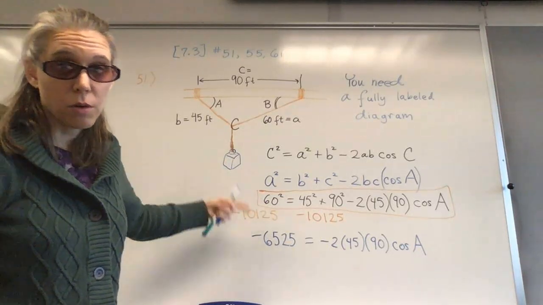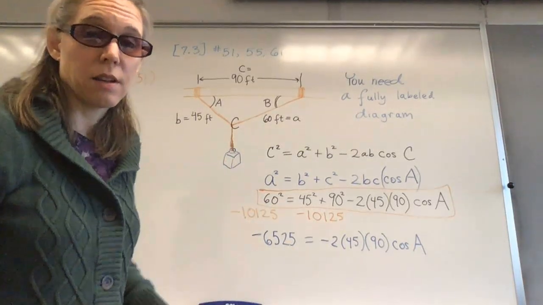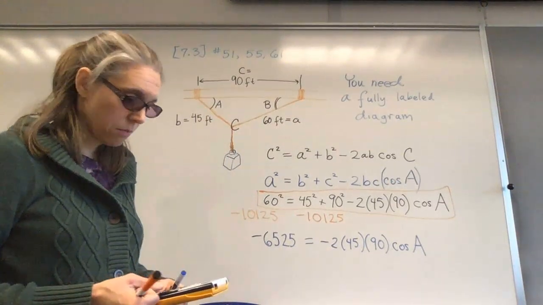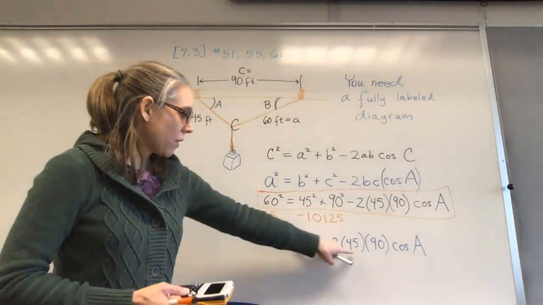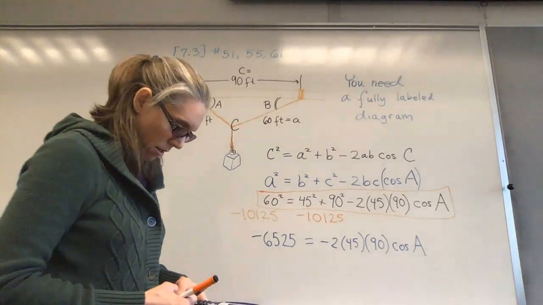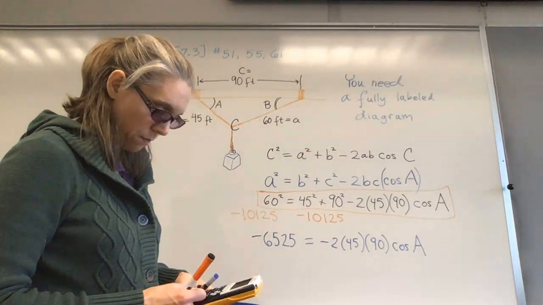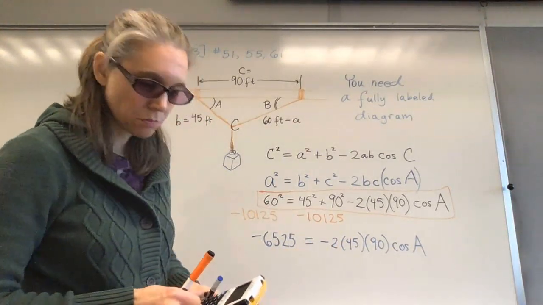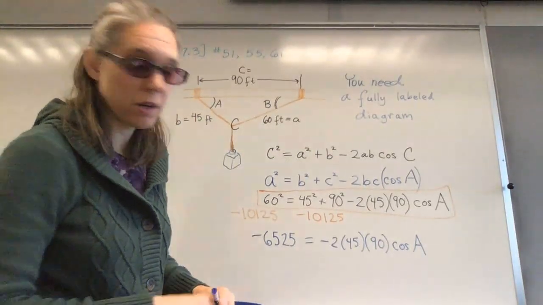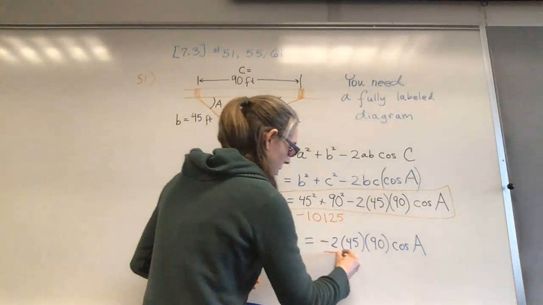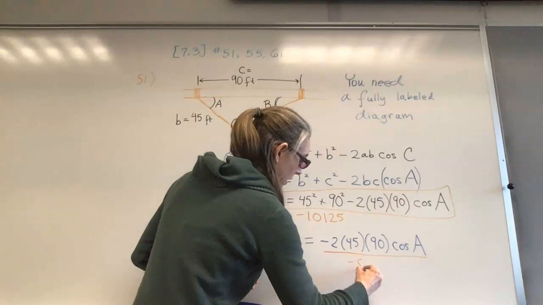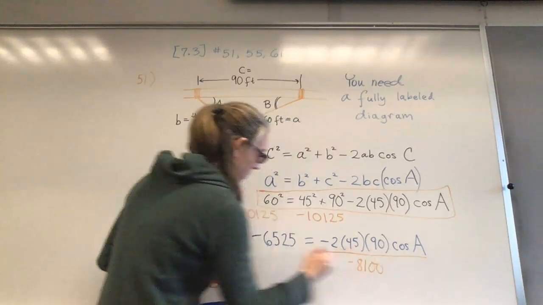Now, as we're going forward, I'm showing lots of work that is unnecessary because you can do it on the calculator. Next, I want to divide both sides by this number right here, and that number, -2 times 45 times 90, is -8100. So divide both sides by -8100.